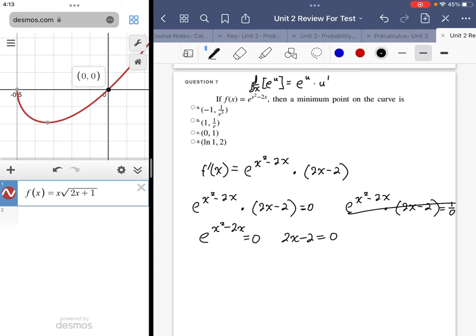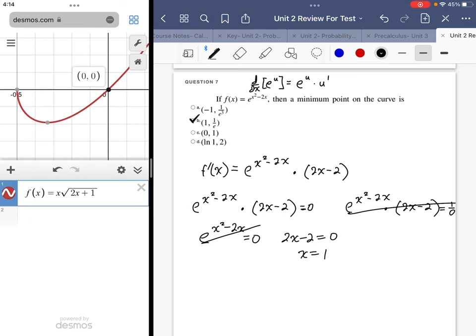If you raise a positive number to any power, as long as that power exists, there will be no instance in which we could ever get a 0 as a result. All right, so this one doesn't give us a solution either. The only value that we get that's meaningful would be this one, which would be x equals 1.